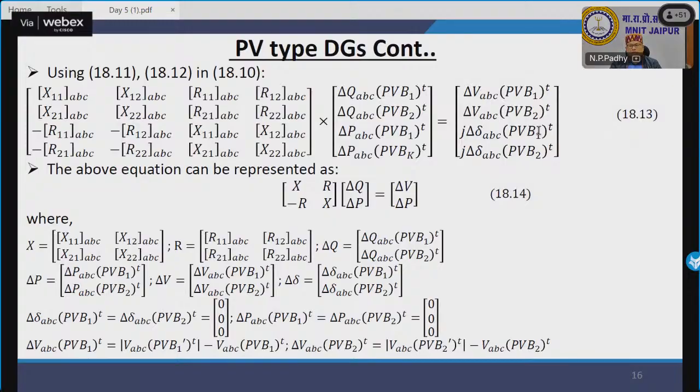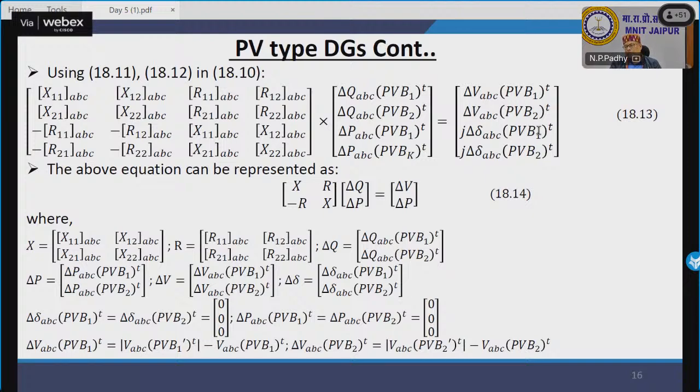Again, if I combine 18.11, 18.12 and 18.10, the equation will look like a complicated X and R equation with delta Q, delta P, delta V, delta delta. Now I'm landing at 18.14, which says XR minus RX times delta P, delta Q equal to delta V, delta delta. This equation we have already derived in a similar form in the previous lecture also.